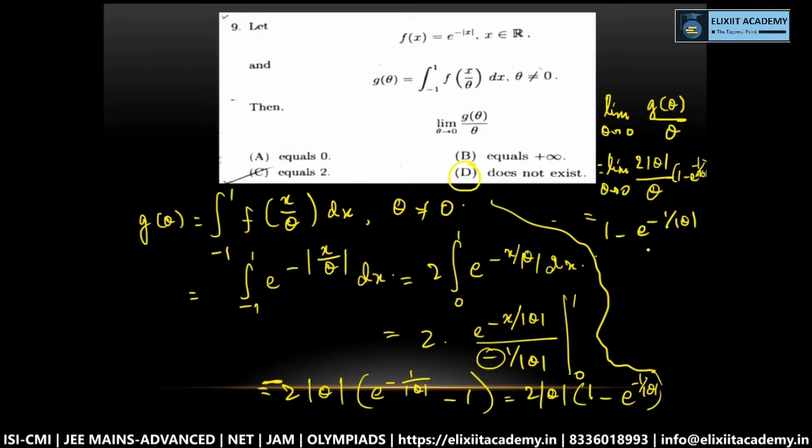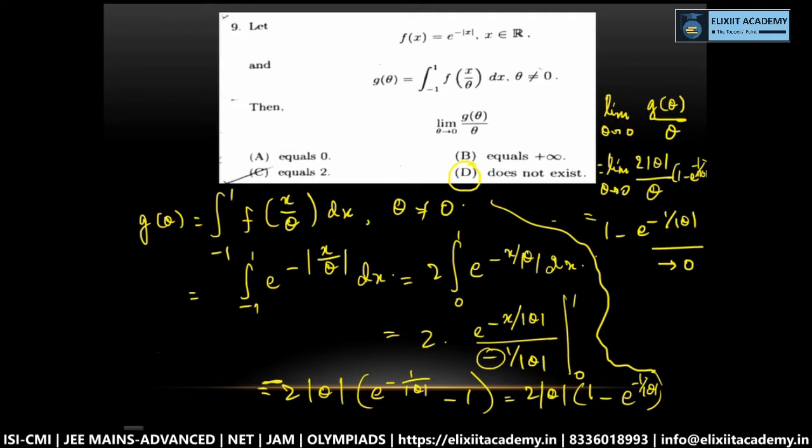It anyway tends to 0 for both the left hand limit and the right hand limit, that is for 0 plus and 0 minus.